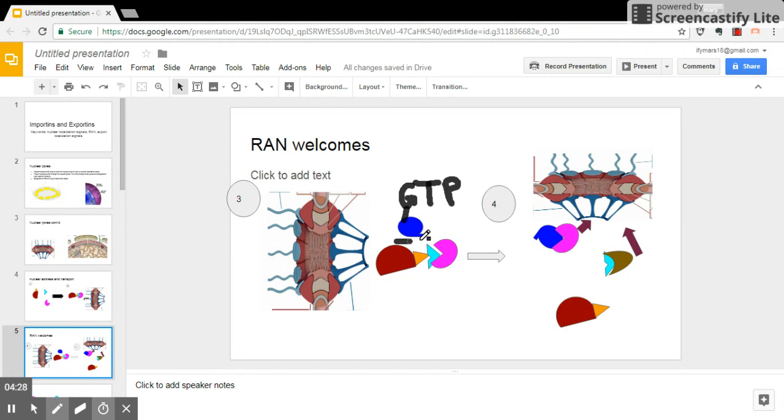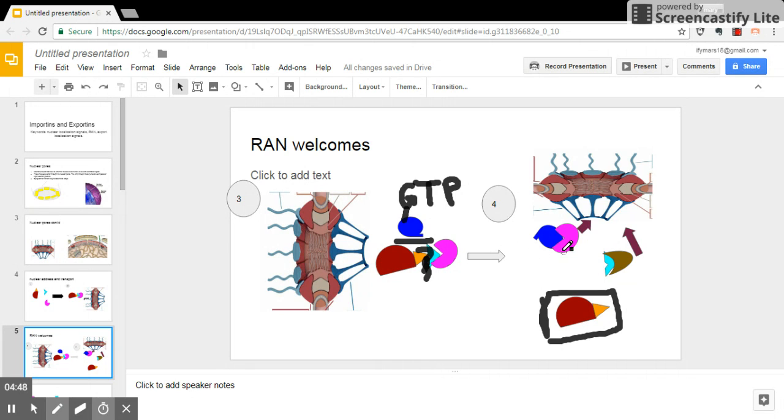This is important because it's going to dissociate the complex, break it down. So our protein is free to go do whatever its job is, maybe to activate transcription.